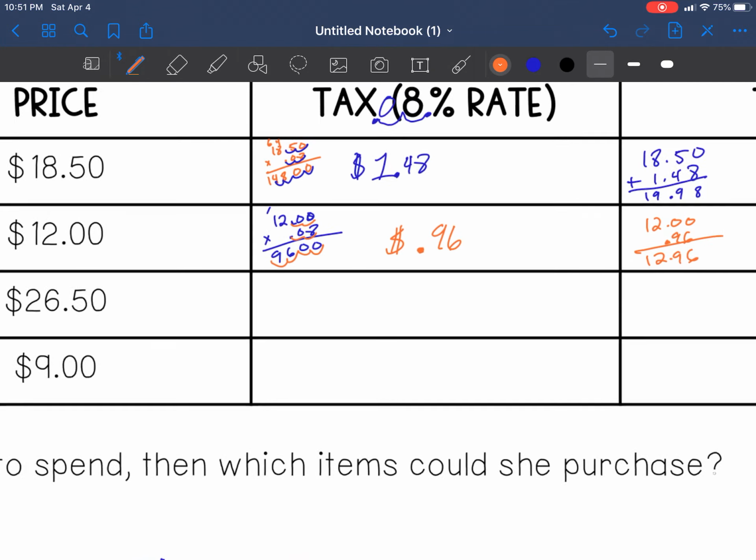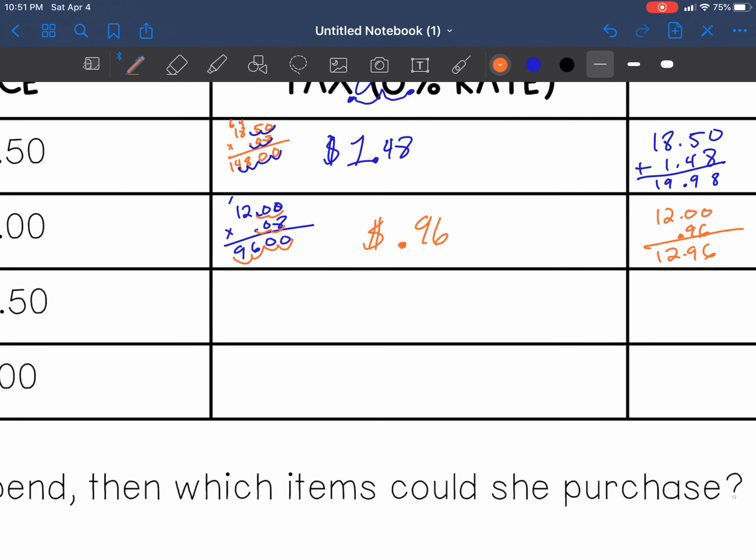Our art set, which is the most expensive, all right, same thing, $26.50 times 0.08. 8 times 0, 0. 8 times 5, 40. 8 times 6, 48, plus 4 will be 52. 8 times 2 is 16, plus 5 would be 21. 1, 2, 3, 4.